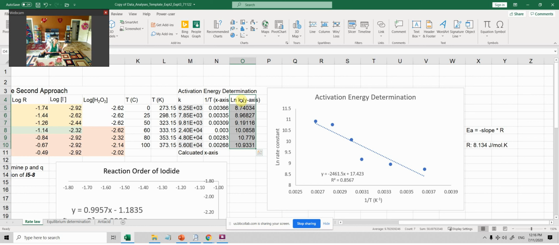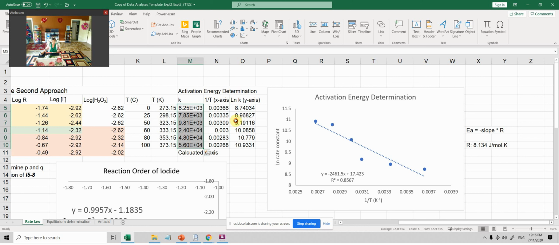So you calculate it the same way as what you did from the previous one. First of all, you need to convert the temperature from Celsius to Kelvin. Make sure you use absolute temperature. And then you are going to calculate the rate constant for different temperatures.